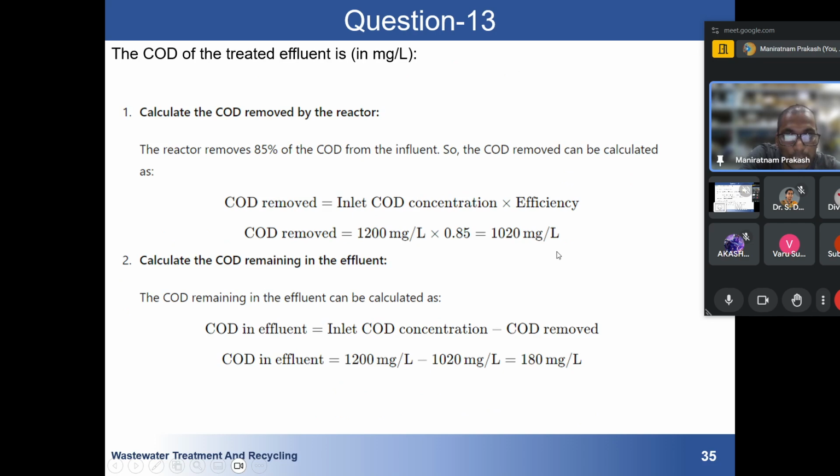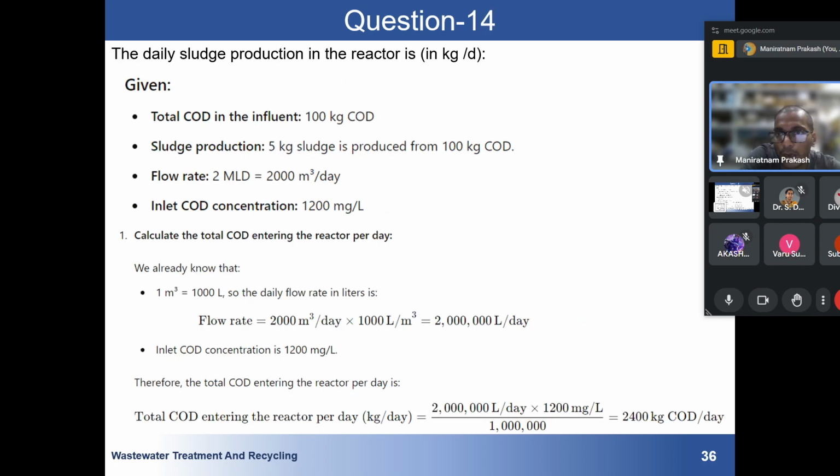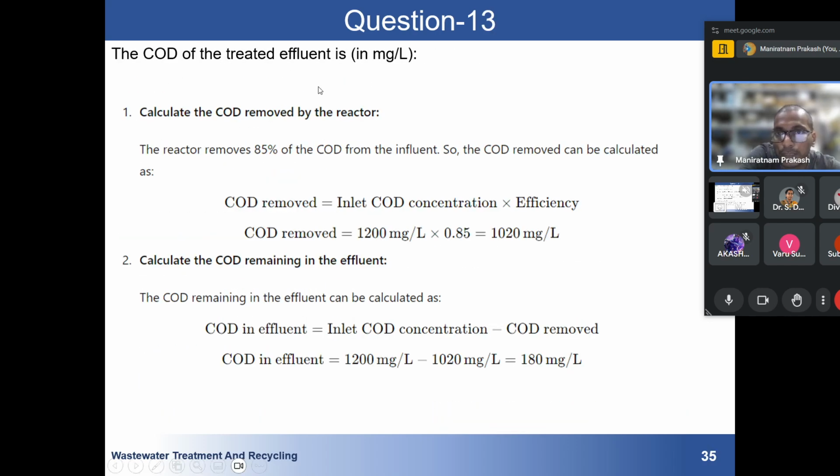So depending upon this data, you have to calculate the COD of the treated effluent.